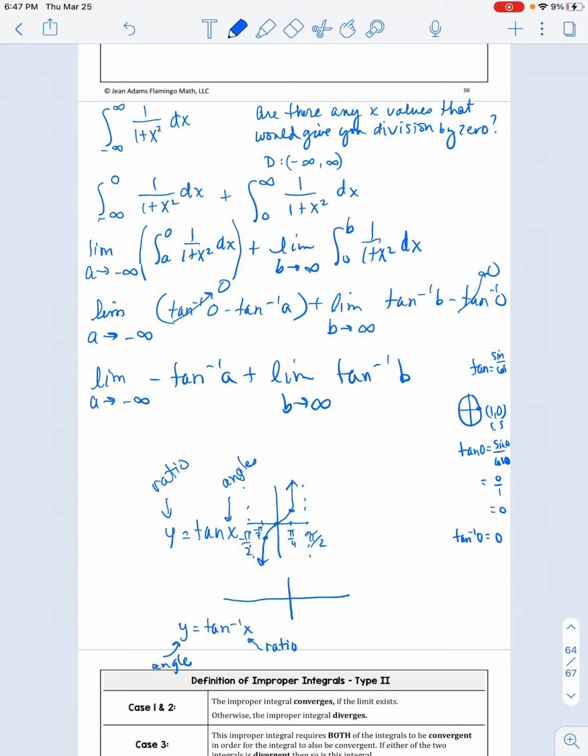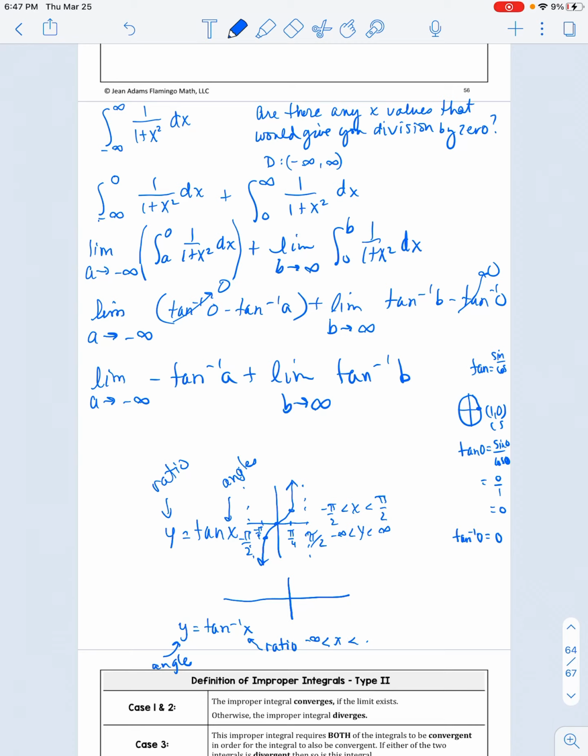So here, your x values were limited between negative pi over 2 and positive pi over 2 in this picture that I drew. And your y values were negative infinity to positive infinity. But they're going to switch for the inverse tangent.